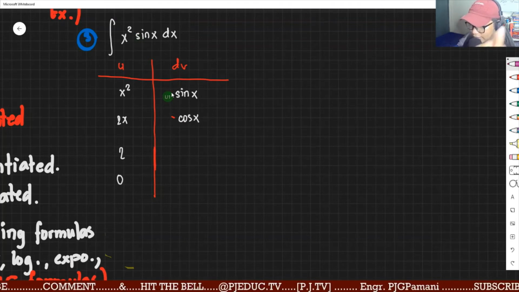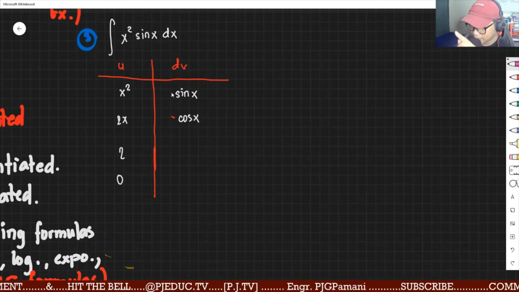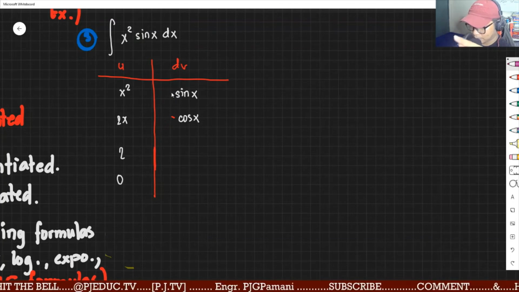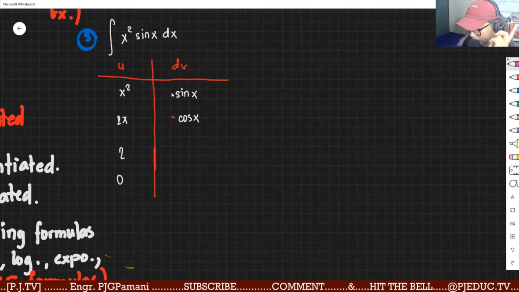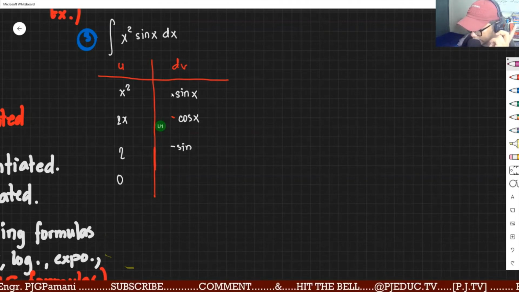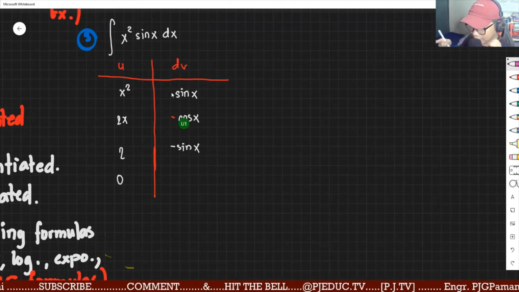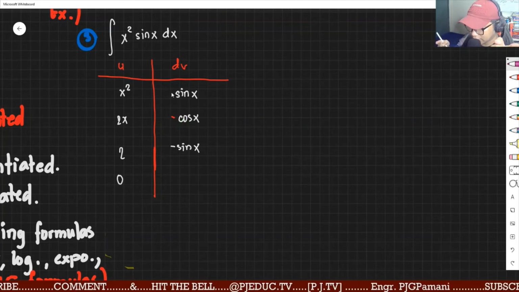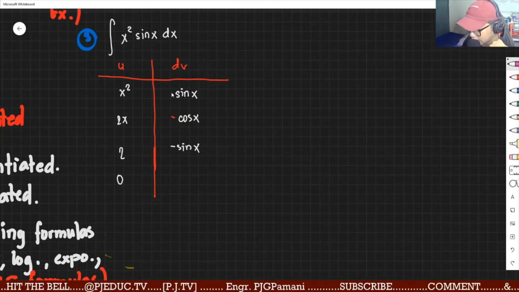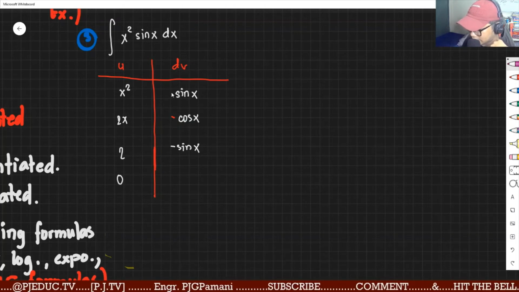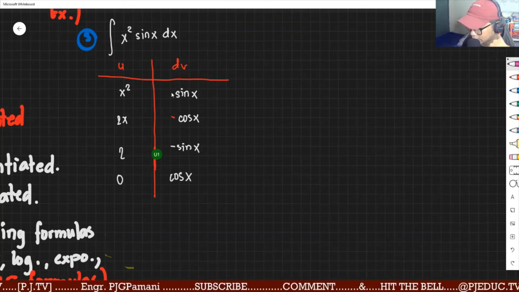Integral of negative cosine x is negative sine x. Then integral of negative sine x is negative times negative cosine x, which is simply positive cosine.